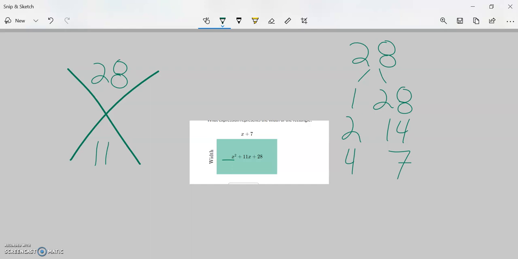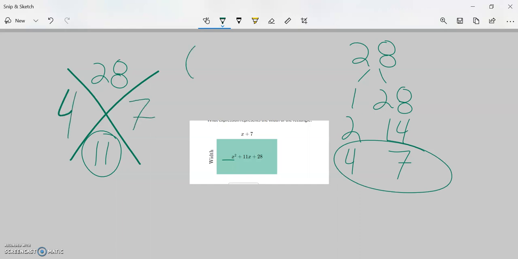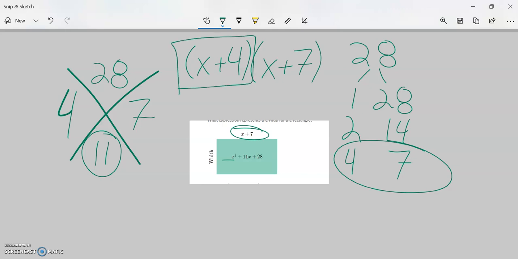And 5 does not go into 28, and 6 does not either. Which of these numbers adds to 11? That will be your bottom two numbers, 4 and 7. So we get x plus 4 times x plus 7. We already have the x plus 7, so our answer is simply the x plus 4.